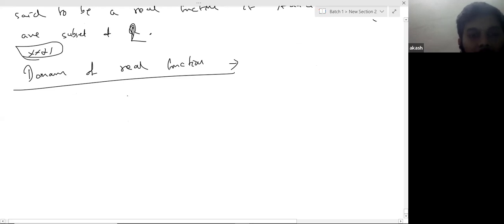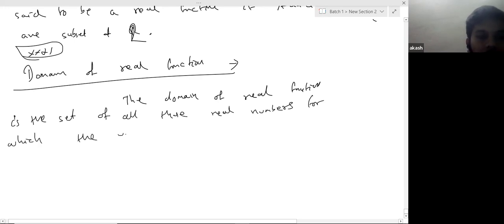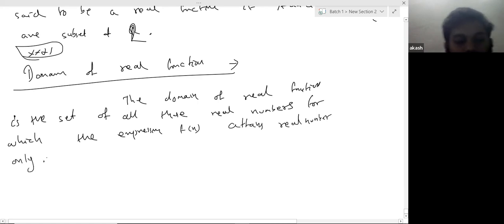The domain of real functions is the set of all those real numbers for which the expression f of x attains real values only. Let's write it down, then I'll explain.